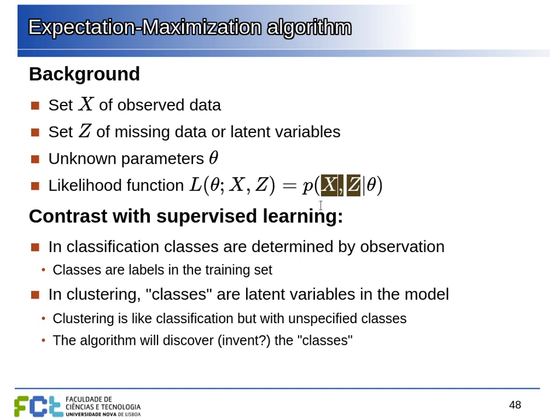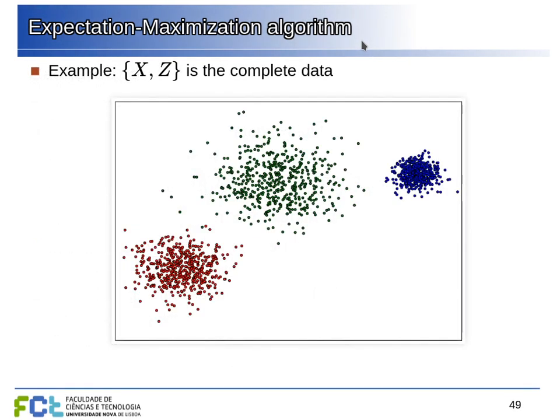Now, in clustering, these classes are not observed. They are not really classes like in supervised learning, in classification, but they are latent variables in the model. We do not observe them, and they can change from one iteration to the next. Because our model itself, we are trying to find the classes here or invent the classes by assigning points to different clusters. So how can we do this?